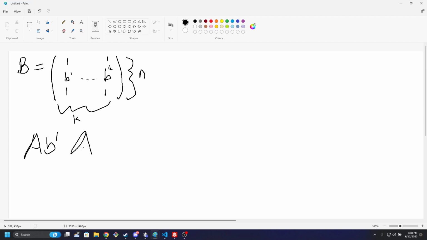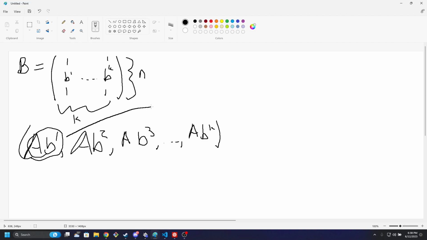We can do A times B2, comma A times B3, on and on until we get to BK. And this is now another list of vectors. Each one of these vectors is going to be in Rm.